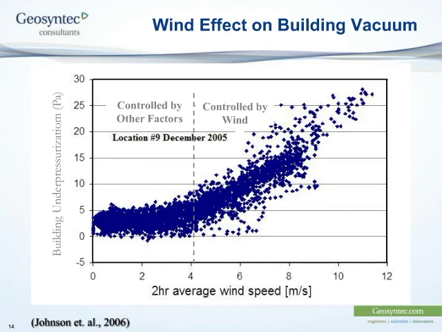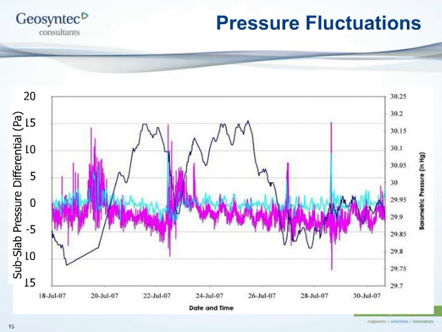We also know that winds don't necessarily blow consistently. So you can have wind gusts where the building pressure is fluctuating backwards and forwards, sometimes with considerable variability. So when we measure the pressure differential across the floor slab of the building, we often see this kind of a signal where the magnitude of the fluctuations can be several pascals or even tens of pascals in response to wind changes and other things.